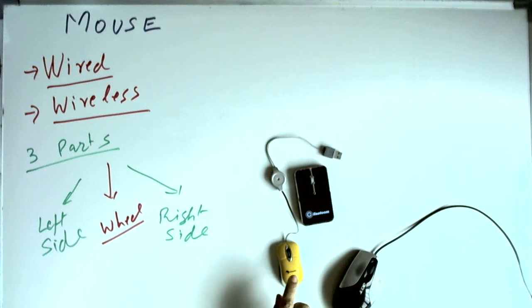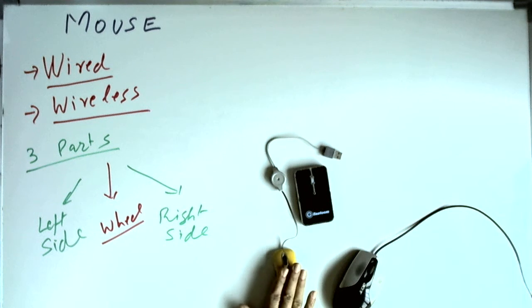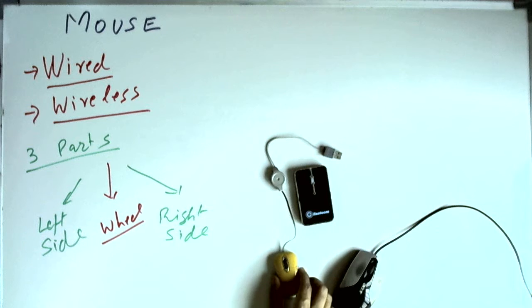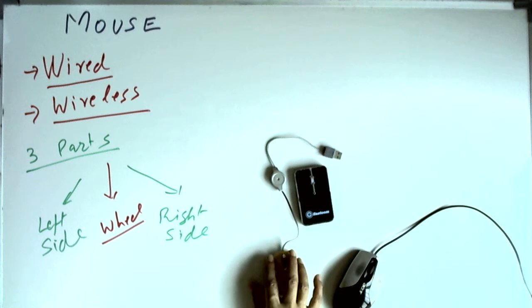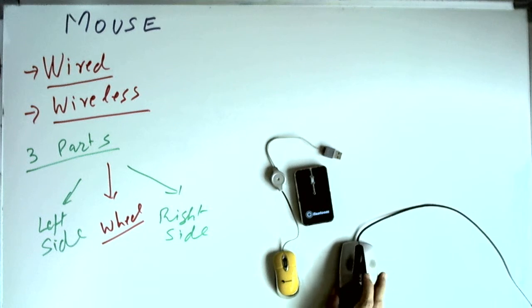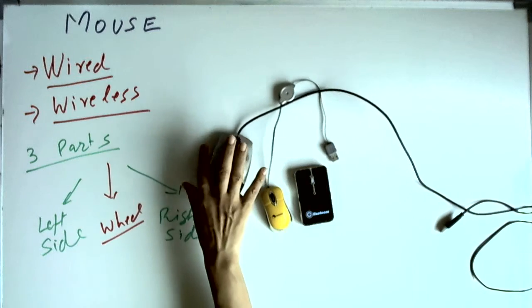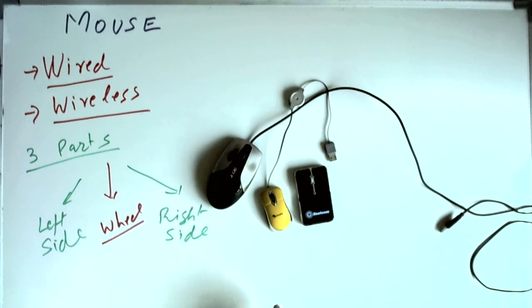And then there is a left part. You can see that there is a left part, and then there is a right part. So the back side is just for support, and only in the front are these two parts. This one also has this color. You can see there that the color is coming different.